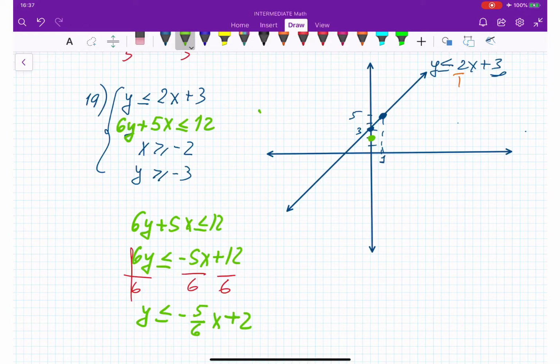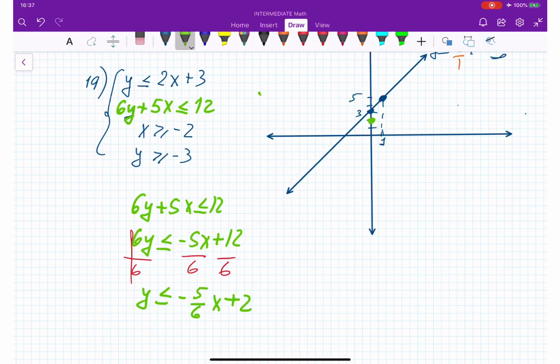And then -5 over 6 is the slope. So going down -5, 1, 2, 3, 4, 5. So 2 minus 5 is going to be -3. So this point is -3.